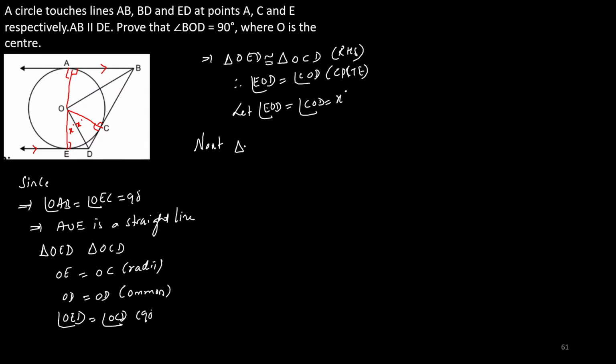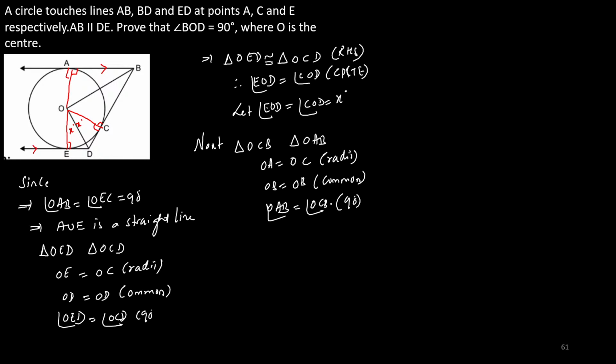So next, triangle OCB and triangle OAB. So OA is equal to OC, they are radii. Then OB is equal to OB, it is common. Then I can say angle OAB is equal to angle OCB, this is 90 degrees.